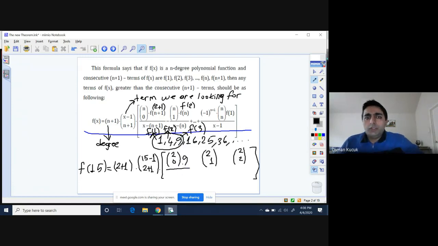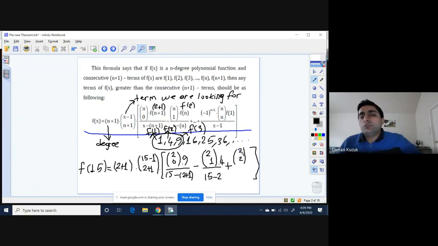Then over 15 minus 2 plus 1, because we need to substitute 2 for n, minus multiply 2 combinations of 1 by 4, then divide it by 15 minus 2. And plus, it goes by minus, plus, minus, plus.